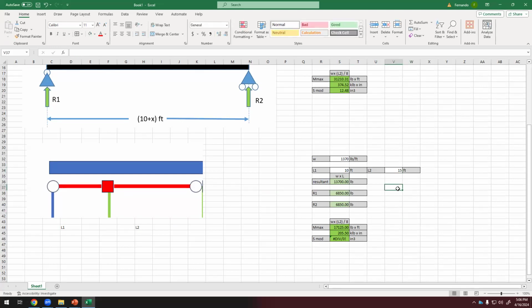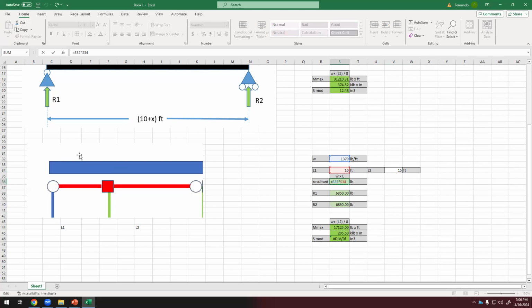What about the resultant? There will be a resultant here because now we have the uniformly distributed load, but we have two parts. So I want the resultant of L1. I don't have to do anything else because this resultant is W times L1.